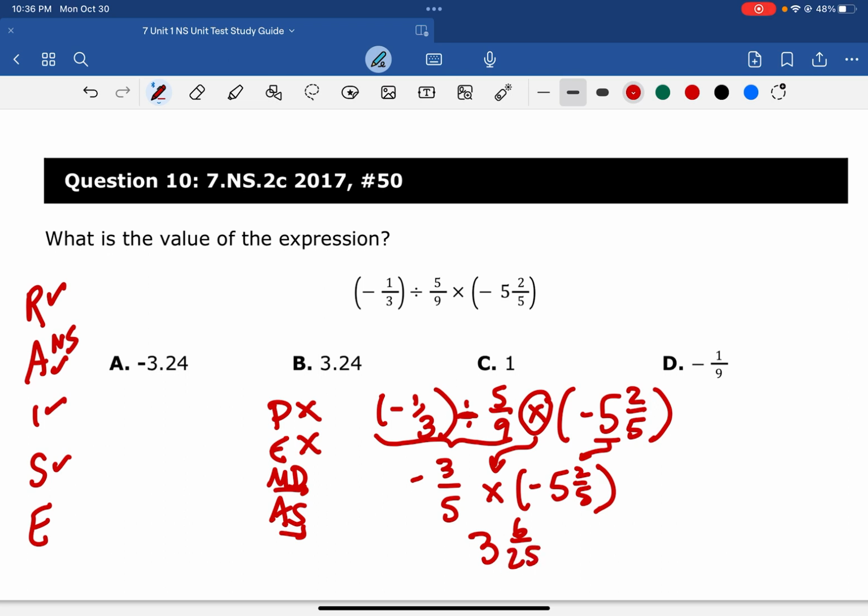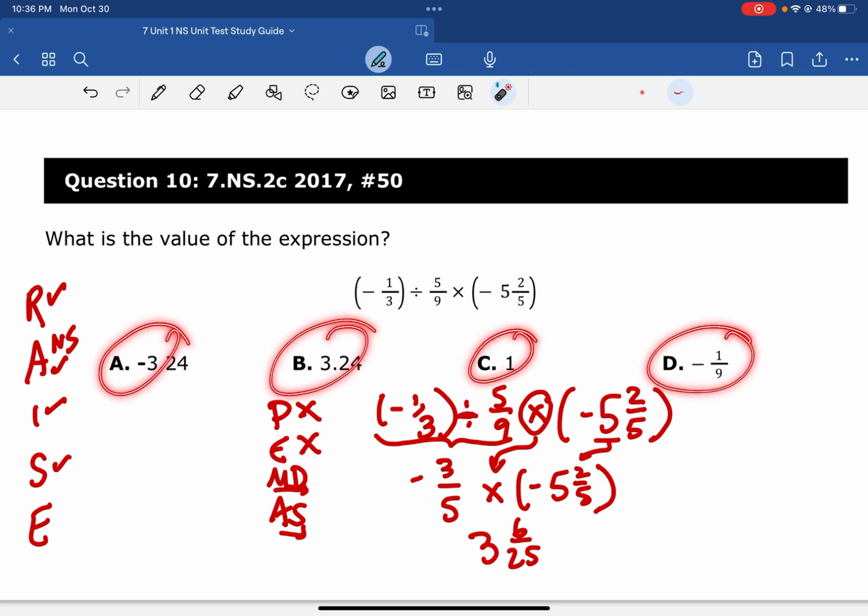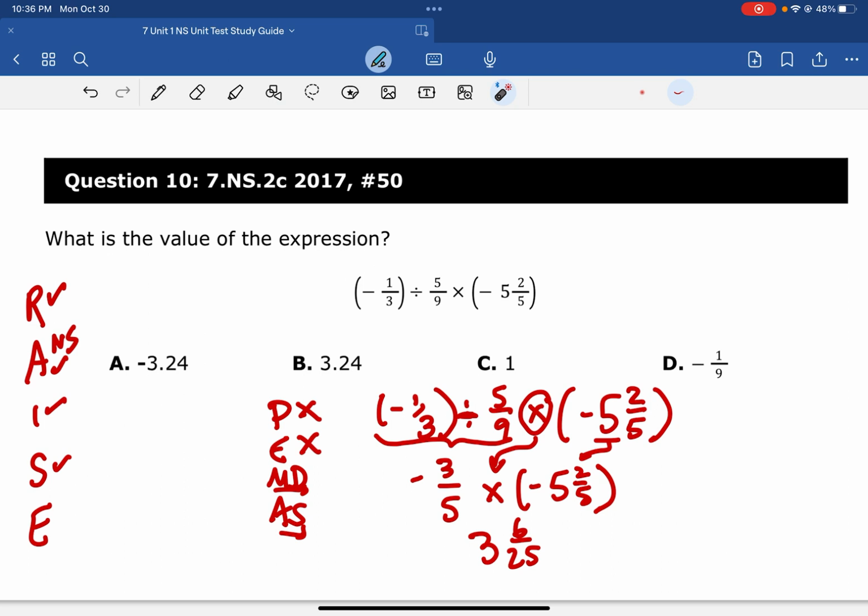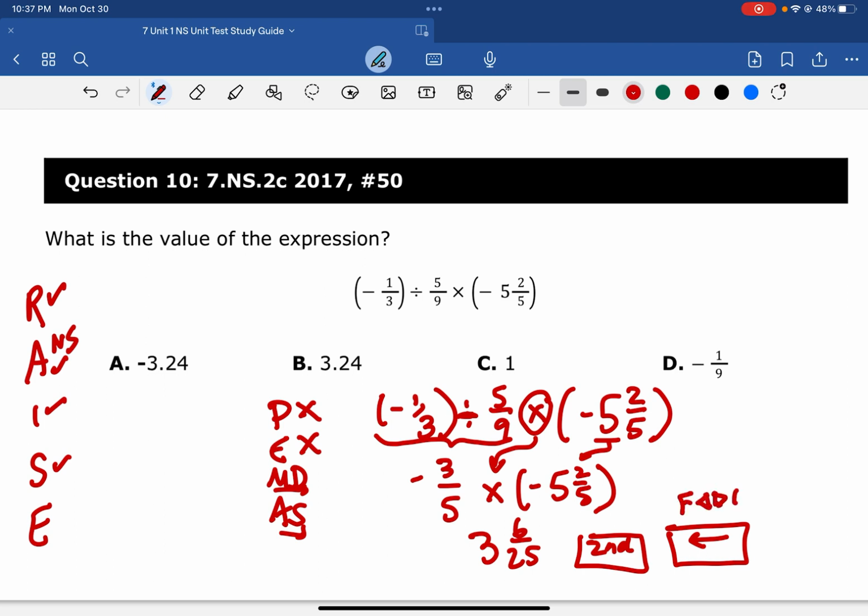Now here's the issue. We don't have that in any of our choices. None of them. So what can we do? Well, this here is a mixed number. In order to convert a mixed number into a decimal, we can use a calculator, and we can hit second and then the back arrow, because the back arrow has a second function of F to D. F arrow D takes whatever you have, a fraction or a mixed number, and converts it into a decimal or vice versa.